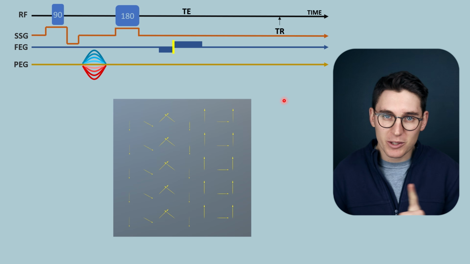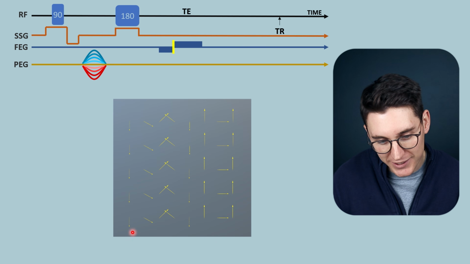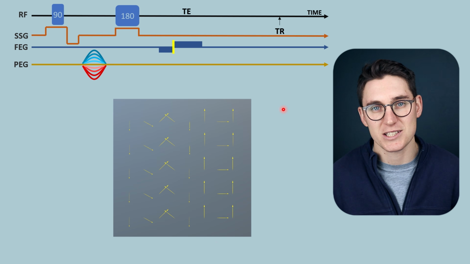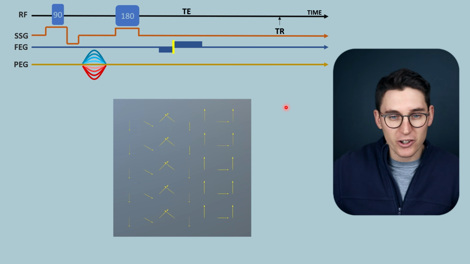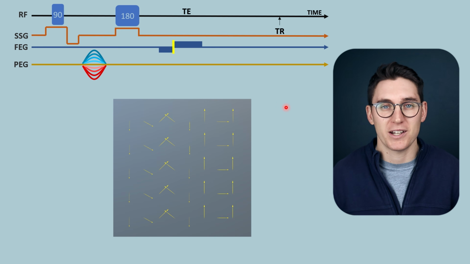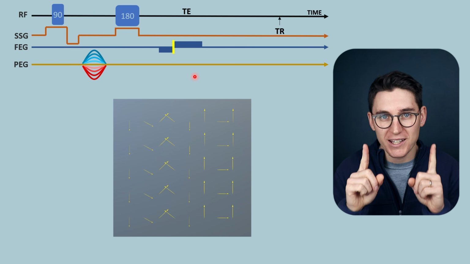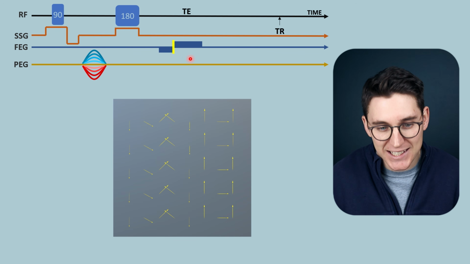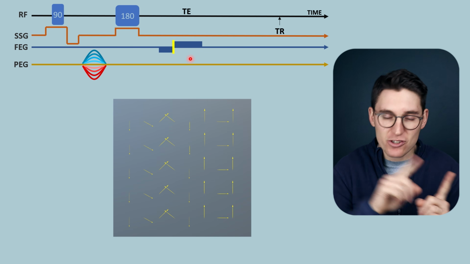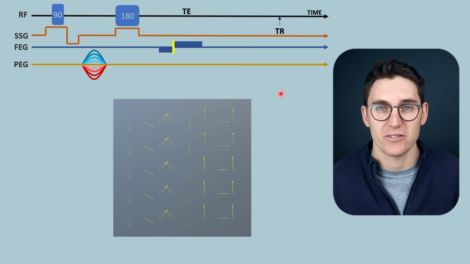But because that gradient has been applied in an equal and opposite direction along the slice, the spins will start to catch up with one another. And at TE, all of them for a brief moment will be in phase with one another. At TE, we will get the strongest net transverse magnetization from this specific slice.